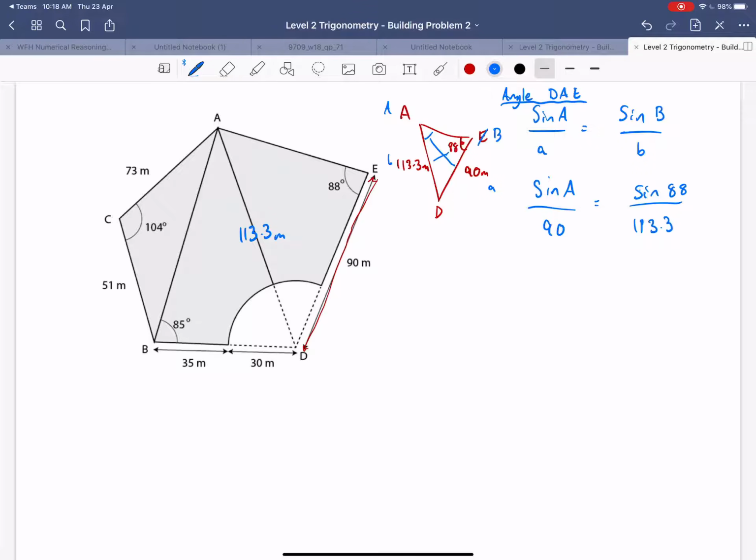Now it's just rearranging this to find the angle by itself. So sine A is sine 88 over 113.3 times 90, and then A by itself is the inverse sine of the above line.